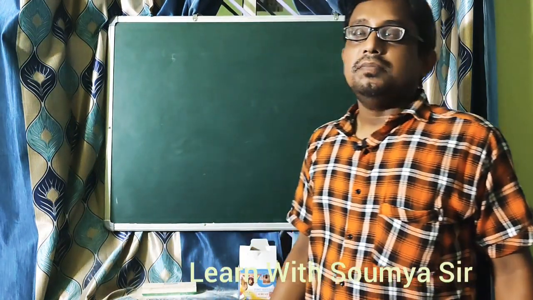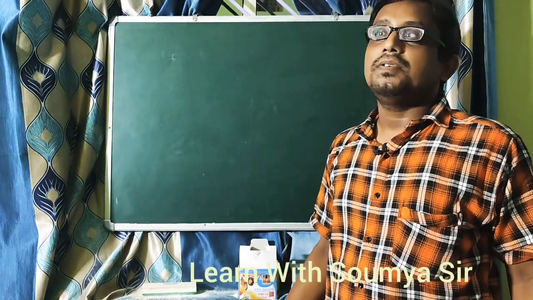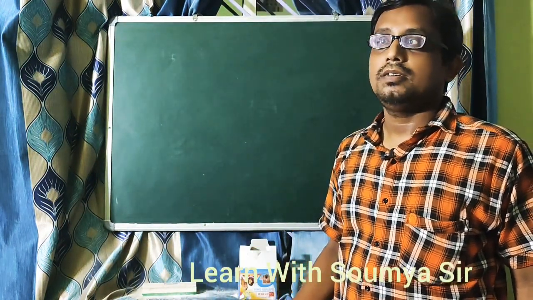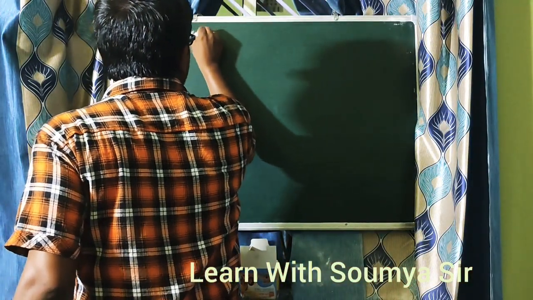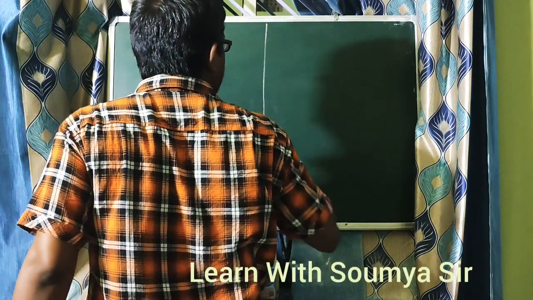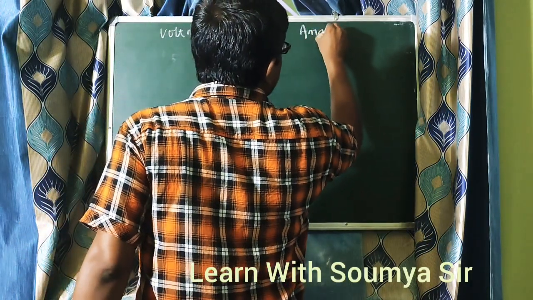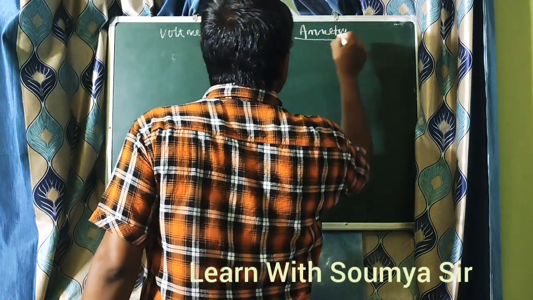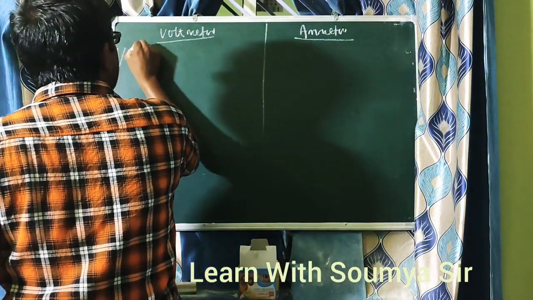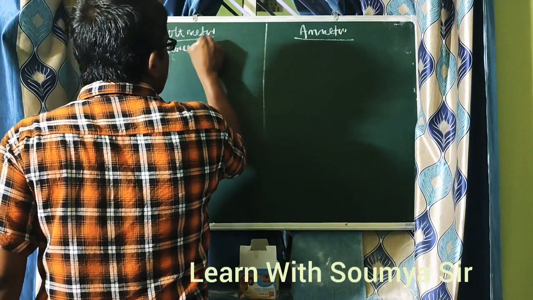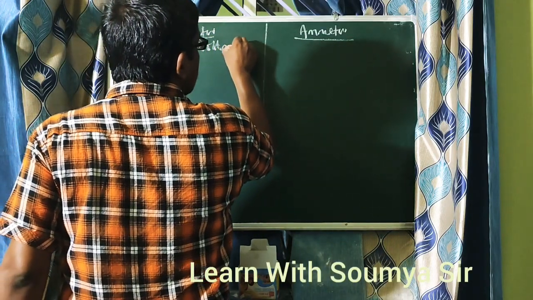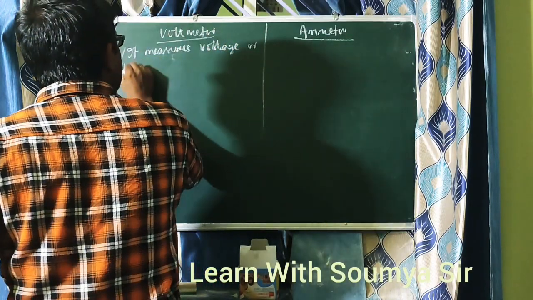Now many students have asked me, sir, what is the difference between voltmeter and ammeter? So we can say, this side voltmeter, this side ammeter. Voltmeter measures voltage or potential difference.